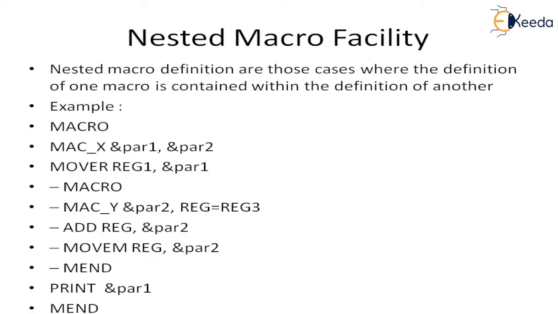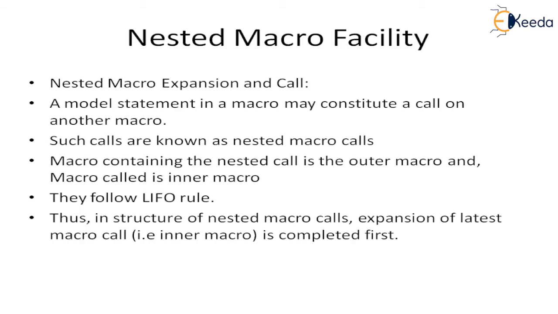In this way the nested micro is specified. In nested micro expansion, a model statement in a micro may constitute a call on another micro. The micro containing the nested call is called the outer micro, and the micro present within it is called the inner micro.